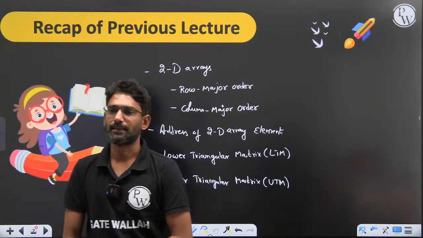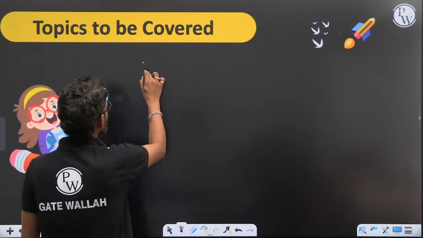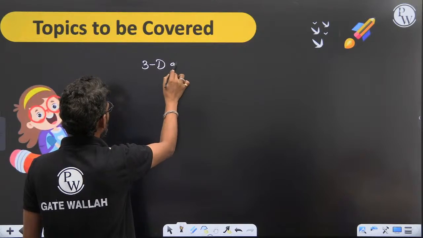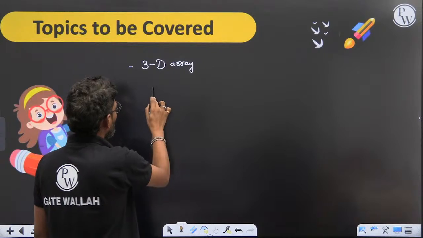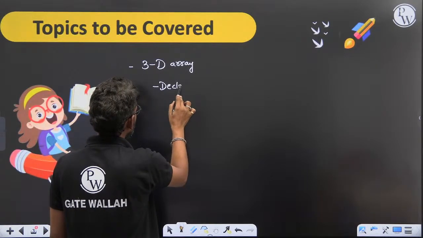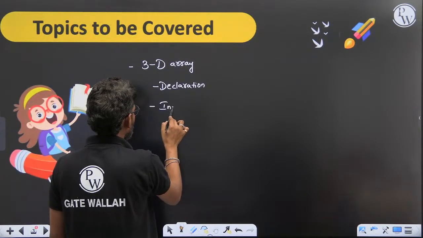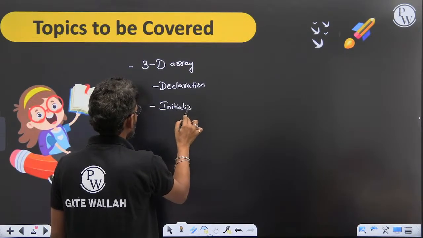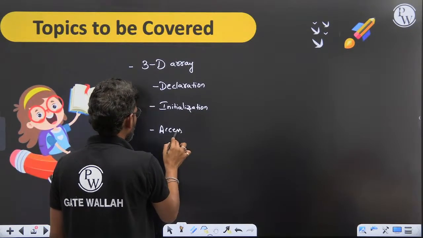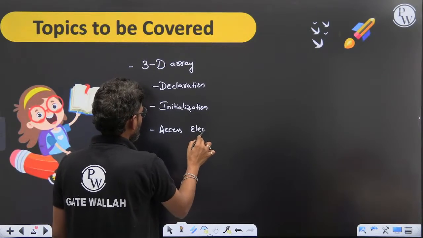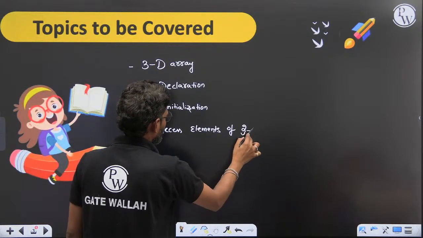Great, that's great. So today we will be discussing this three-dimensional array. For 3D arrays we will discuss how you declare a 3D array, how we initialize a 3D array, and how we access elements of a 3D array.